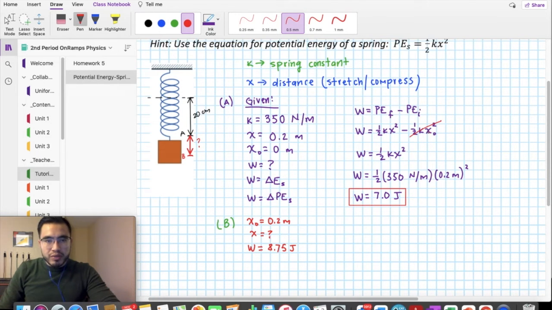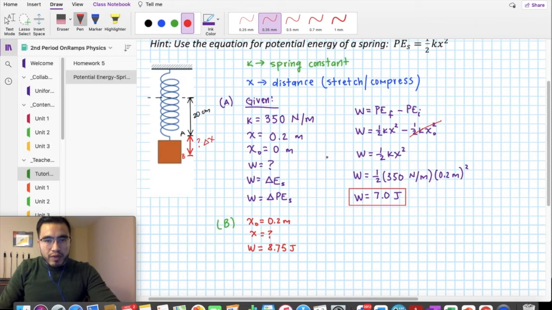I just want you to see that when we find x, that is not the answer. Meaning, when we find x, that's not the corresponding distance. That is the total distance. So truly, what we're finding here is delta x, that is the corresponding distance, the distance from A to B. Okay? So let me show you the other way.